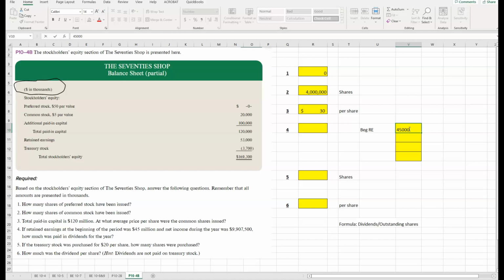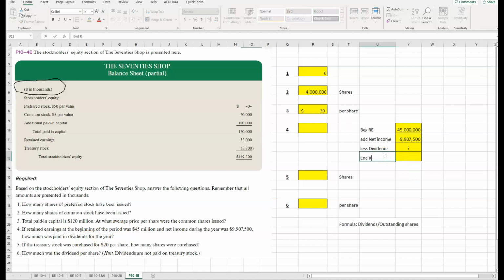Add net income, that was 9,907,500, less dividends. We don't know what dividends was. That's what they're asking us. How much was paid in dividends?